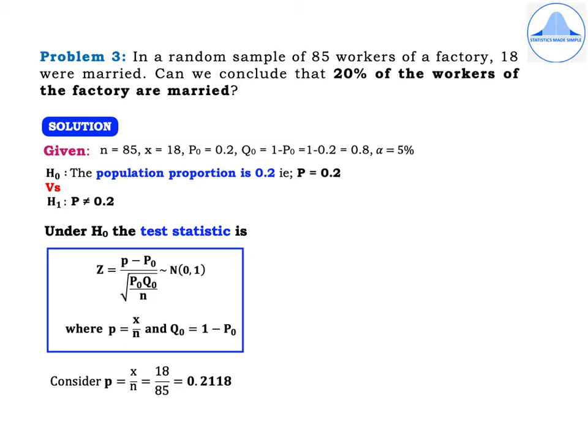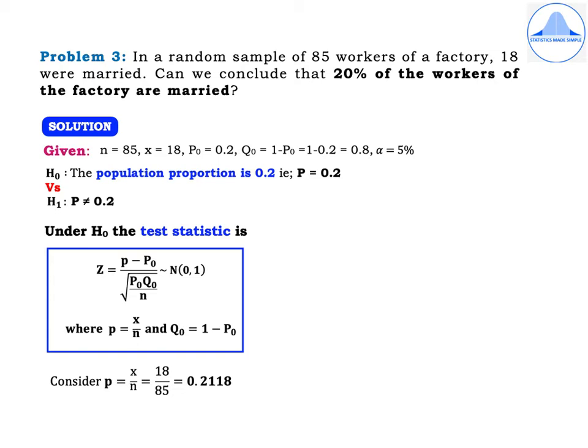And here small x will be number of persons who are married in the sample. Now, the last part of the question is, can we conclude that 20% of the workers of the factory are married? So we have already got the value of small n. We got the value of small x. All we need now is P naught.